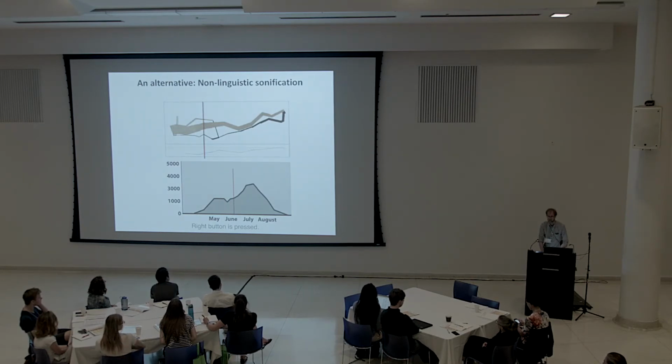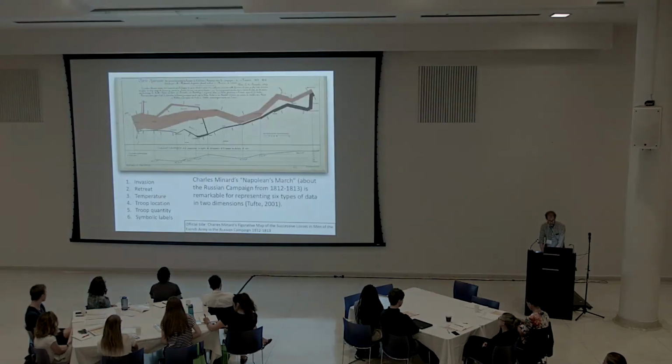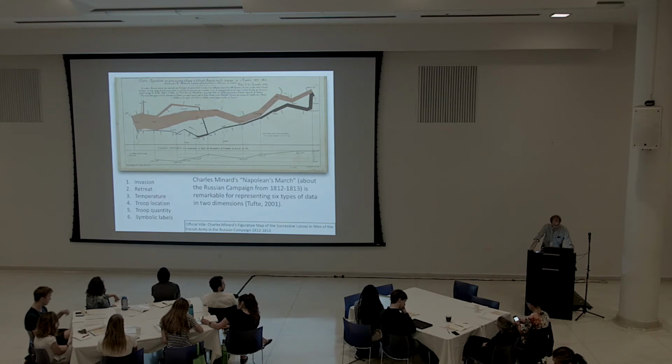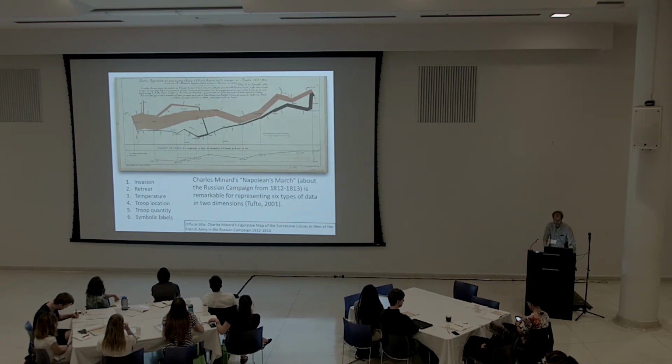Now, that works for simple things, but on this slide, we have what's called Napoleon's March, which is one of the most famous information visualizations, probably, at least in the visualization world, okay? And it's remarkable for representing 6 types of data in 2 dimensions, but I'm not going to go into detail about it right now.